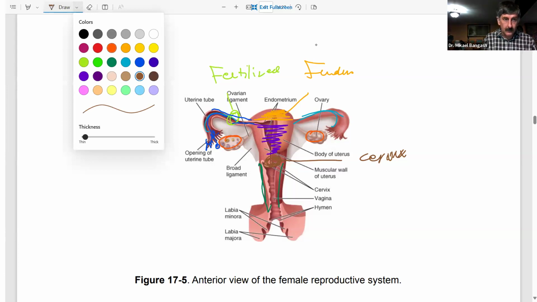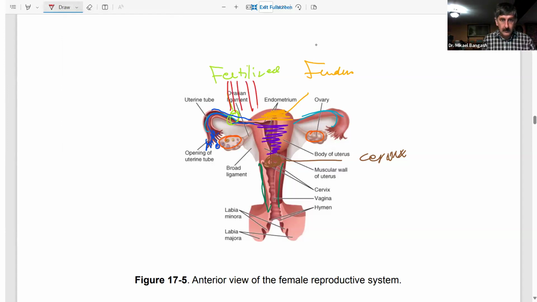Now, what we also had was peritoneum running down. What's going to run down at the back of the uterus makes a U-turn, and as a result runs on the back side of the uterus, following this pouch that we call the rectouterine pouch or the pouch of Douglas.